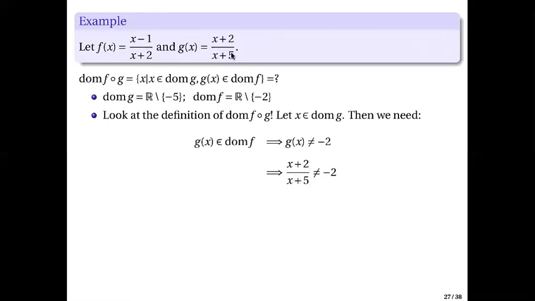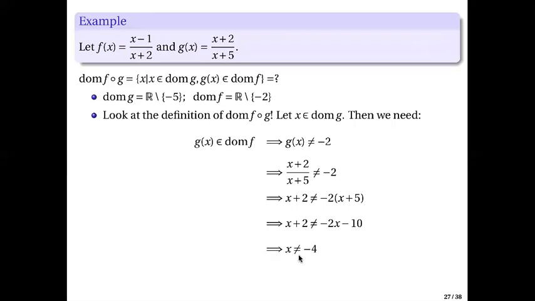This means that x plus 2 over x plus 5 cannot be -2. And this means if you multiply this to the other side, your x plus 2 cannot be -2 times x plus 5. And then you calculate. It means x plus 2 cannot be -2x minus 10.